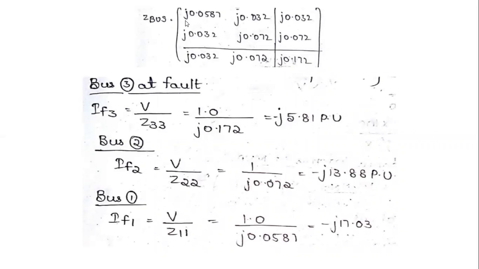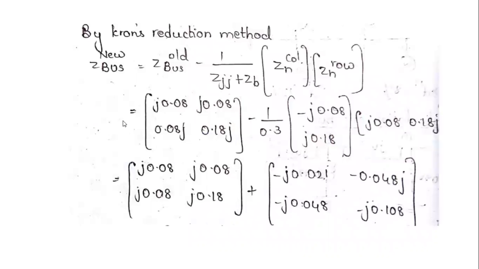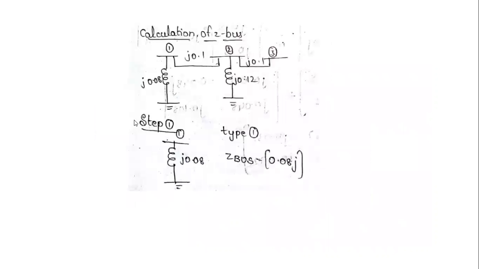In the previous problem, this Z matrix is given, so we could easily calculate the fault currents at various buses. But in this present problem, there is no Z bus matrix. That's why we are forming the Z bus matrix by using the step-by-step building algorithm procedure. This type of problem we already did in unit 3.